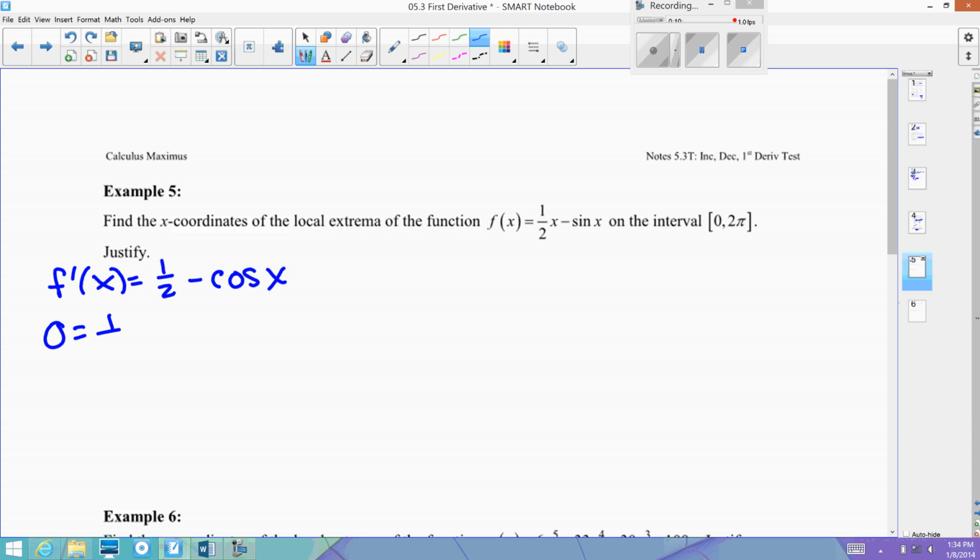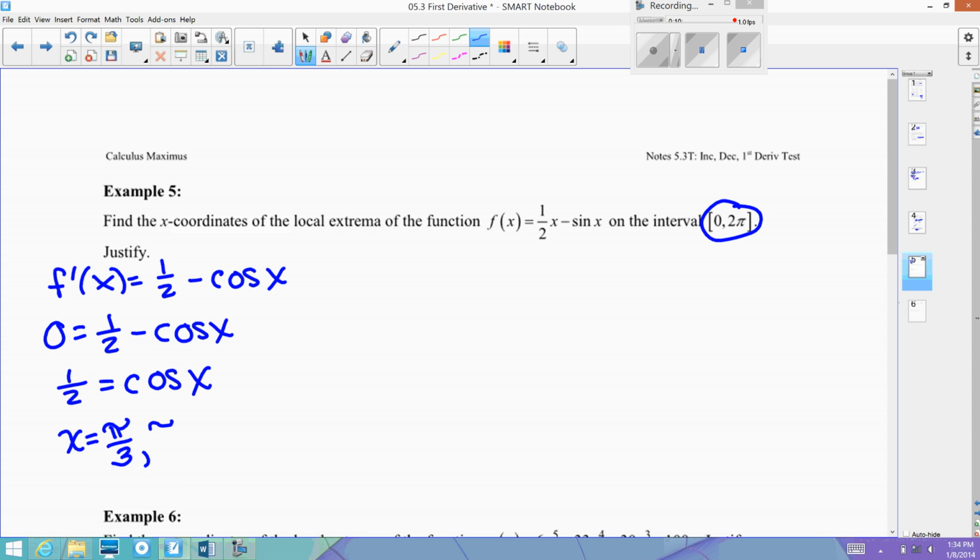But we should look at where the derivative is 0. And that's going to occur when cosine is 1/2. And if we look in our domain, we're looking from 0 to 2 pi. So there should be 2 places where cosine's 1/2. If you know your different values, you could see that it would be at 1/3 pi and also 5/3 pi.